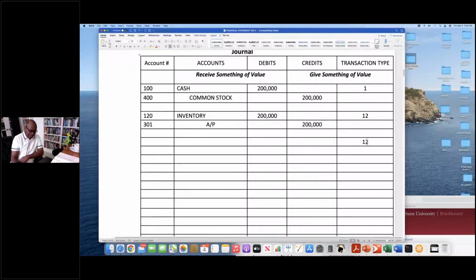Type 10. We're crediting cash. What are our account numbers? For dividends it's 455, and for cash it's 100. What's our amount? 20,000.